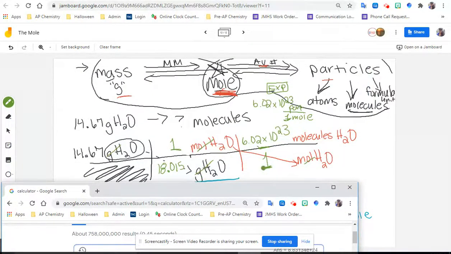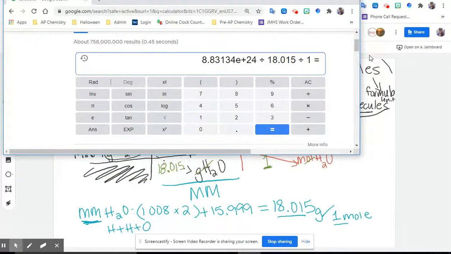If you had more along the bottom, you would push divide every single time. That allows you to continue dividing by the bottom numbers, which are all technically being multiplied. It's just a good habit to get into before we get to stoichiometry in a couple weeks. Now I'm going to push equals.